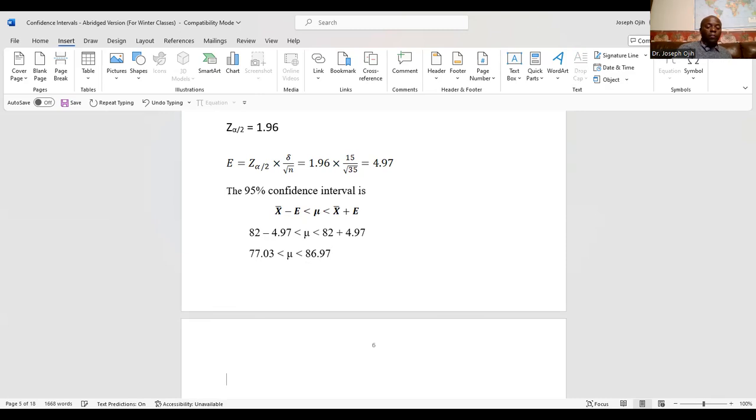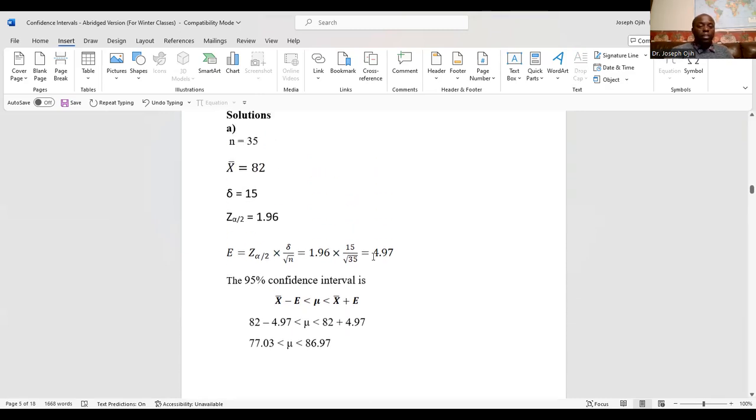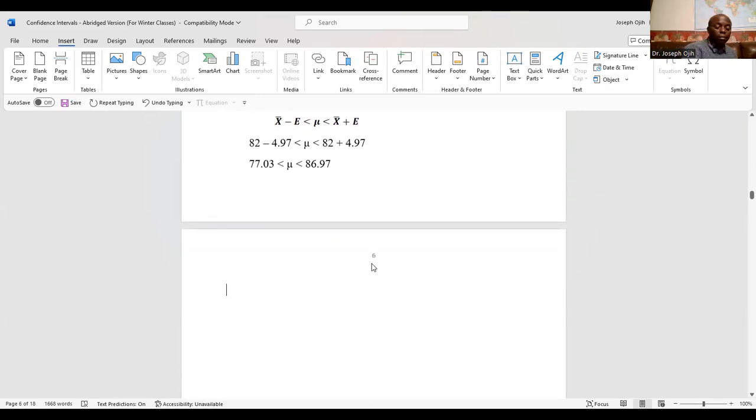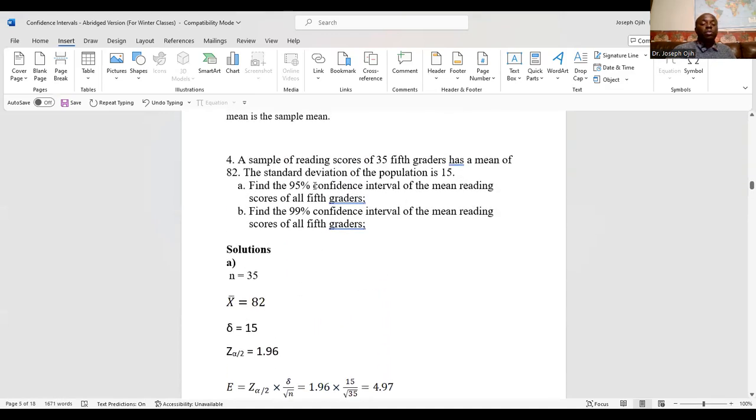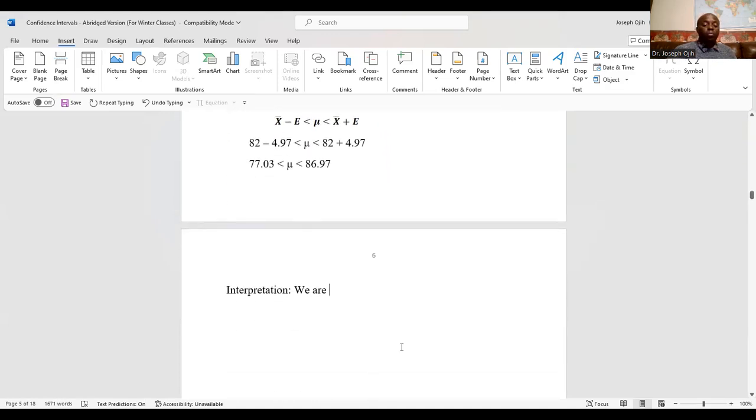Now when you finish, to get full credit, you must interpret your work. Interpretation. Because this is the 95% confidence interval, you have to say 95%.